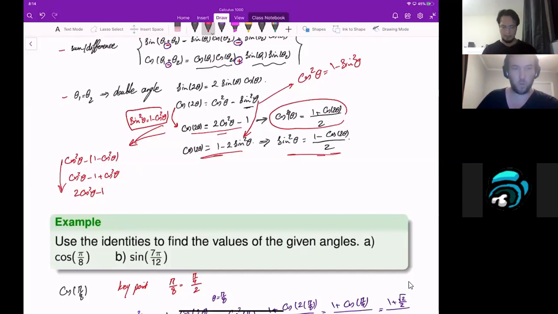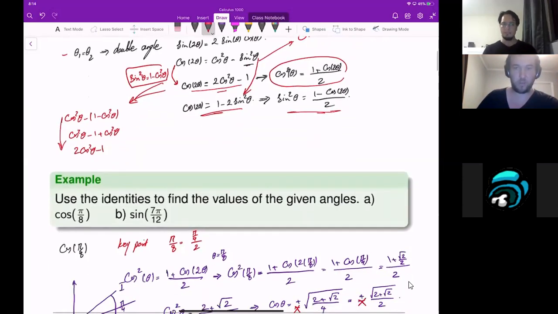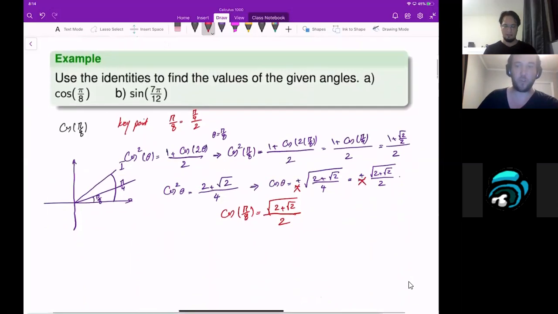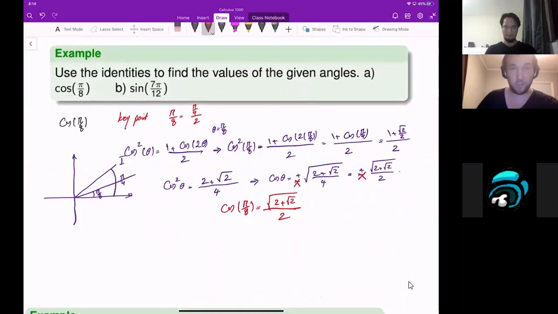I think so. Another question is, for this example, can you also just use the addition identities? Which I think would be a bit more difficult. Yes, okay, so for the addition, how are you going to use addition?